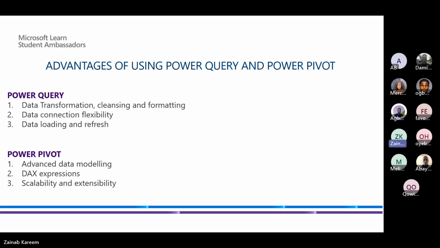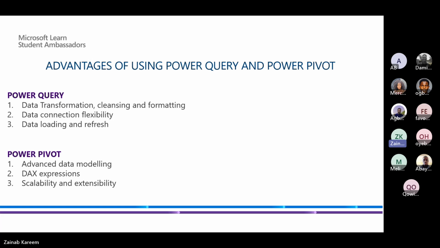It allows users to easily transform and shape data from multiple sources, and it provides a user-friendly interface to perform various tasks. In Power Query, you can merge, filter, and clean data. This helps save time and effort compared to manual data manipulation with Excel formulas and functions.